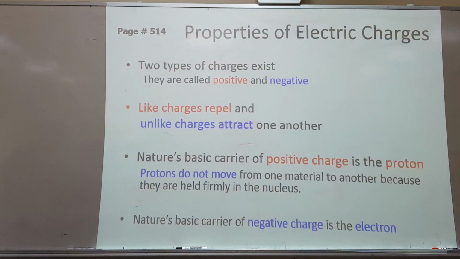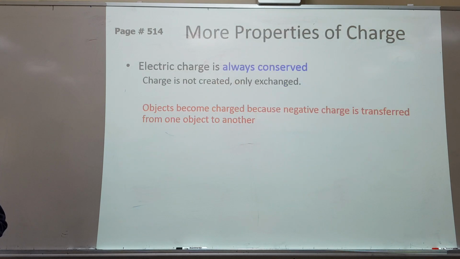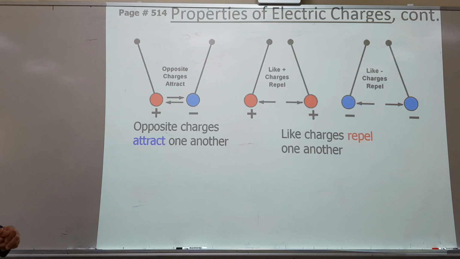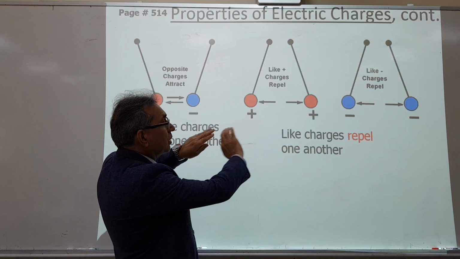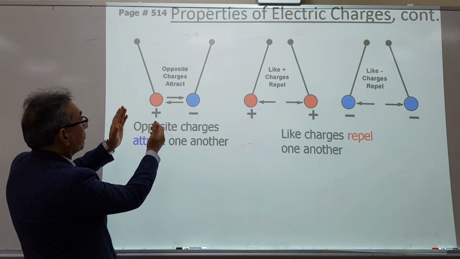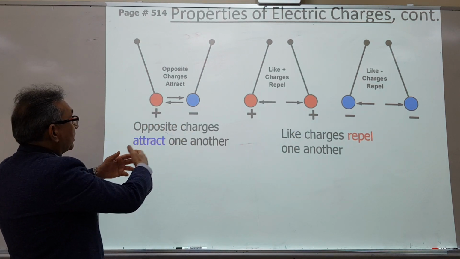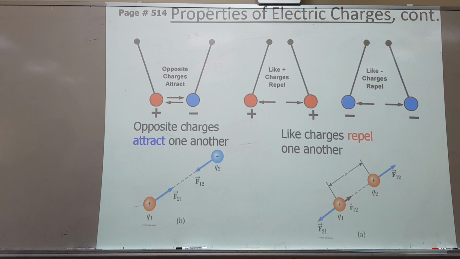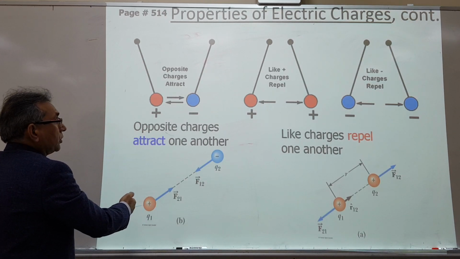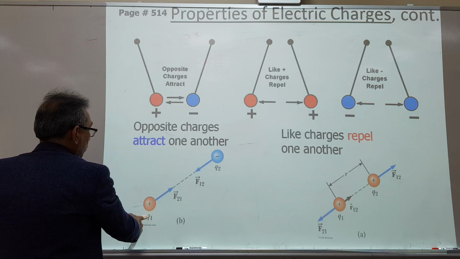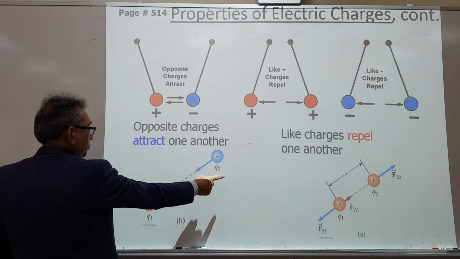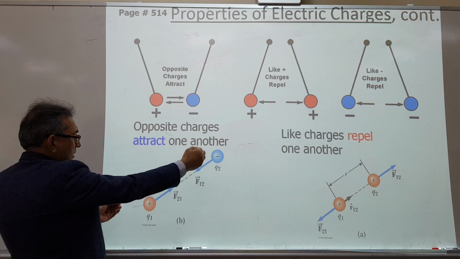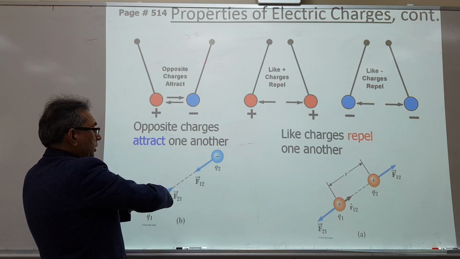Properties of electric charges. We have positive and negative charges, and we know that if you have both positive charges or both negative charges, they will repel each other, and if you have one positive, one negative, they will attract each other. In the vector form, we can show them like this. If you have two charges, Q1 positive, for example, and negative charge Q2, both exert a force on each other.